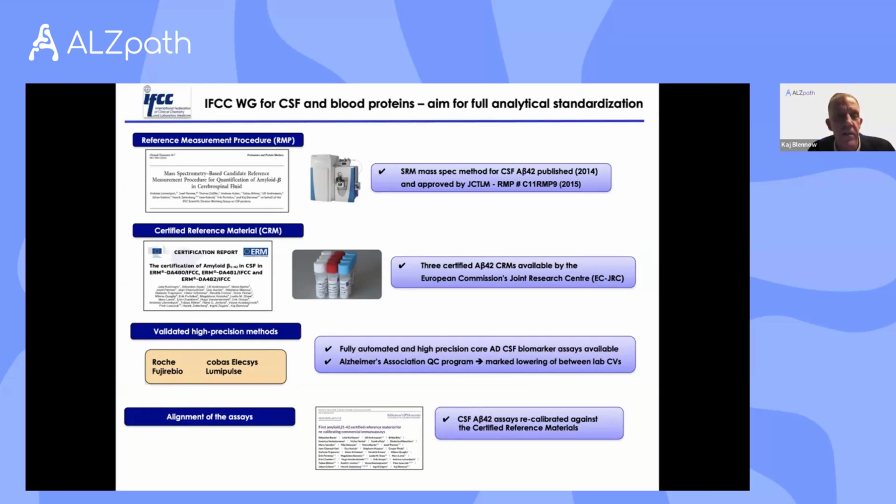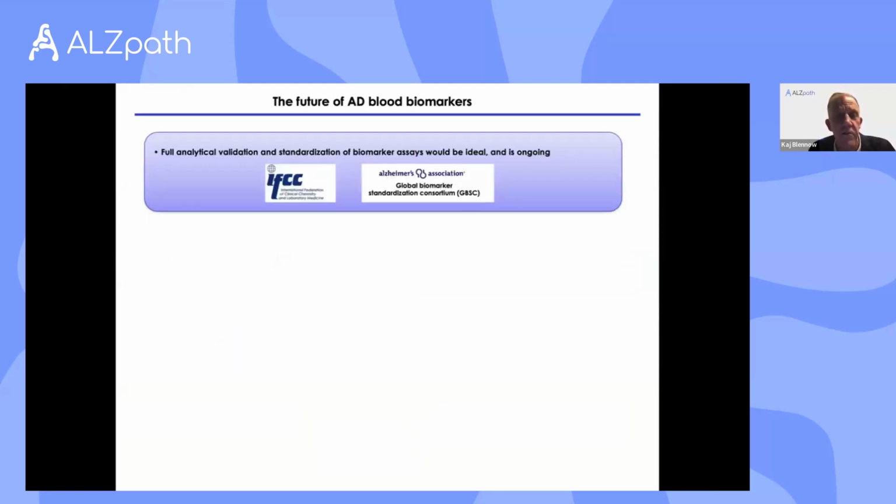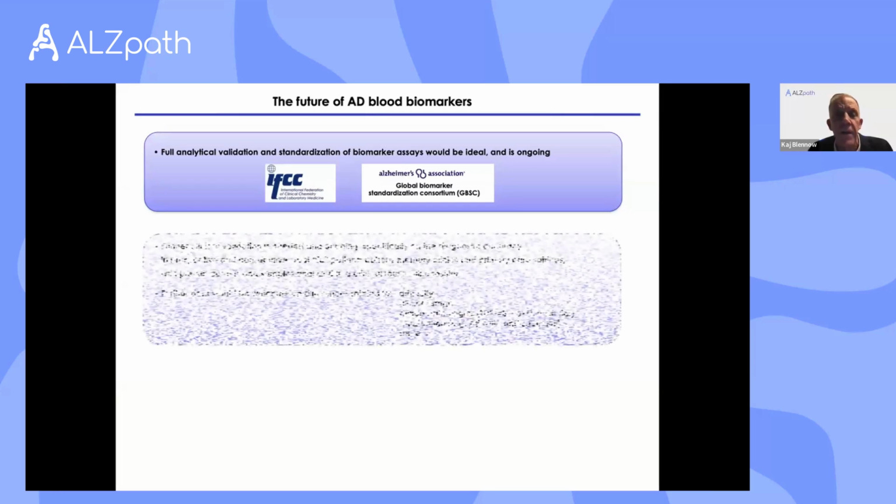So this is the completed standardization of CSF A-beta-42, and I think we need, ideally at least, the same for the blood biomarkers, and this is already ongoing.